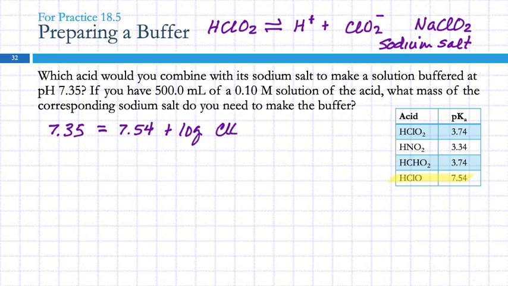So here the base is hypochlorite ion, and the acid is hypochlorous acid. Do we know what the concentration of the acid is? Yeah, we do, right? It's 0.1, they told us that, so we could put that number in here.